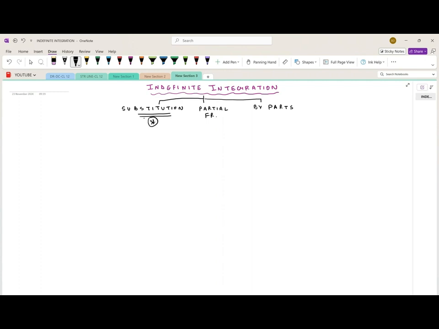Now, instead of going into individual sums, what I will try to do is first give you various categories of sums which you can deal with by the substitution method. So the first category is trigonometric functions.